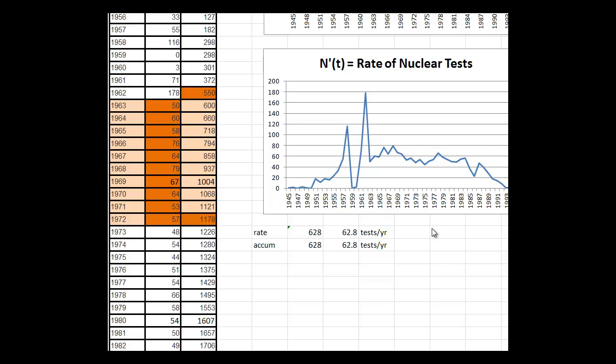So using the rate column, we average rates for 1963 through 1972. For the accumulation column, we use the slope formula to find the slope between years 1962, which is our base year, and 1972.